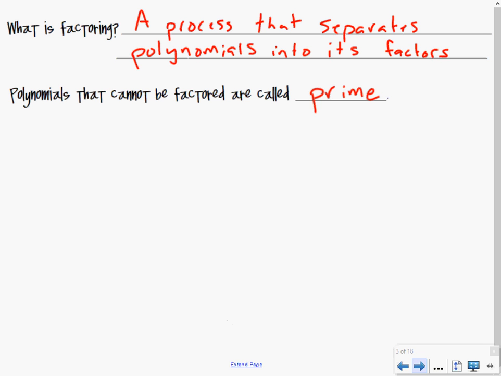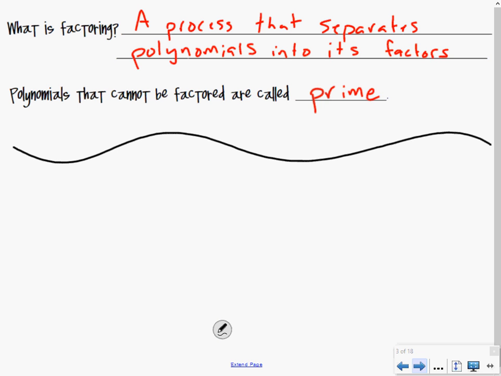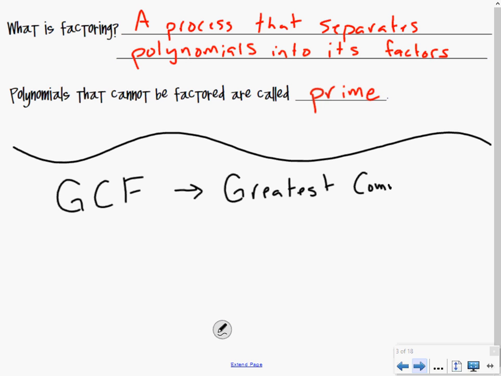Now, the other thing we need to talk about is, what is a GCF? A GCF is something really important when we come into factoring here. GCF stands for greatest common factor, and I'm sure that you've seen this in elementary school or maybe middle school. You've definitely talked about these in your earlier math classes.